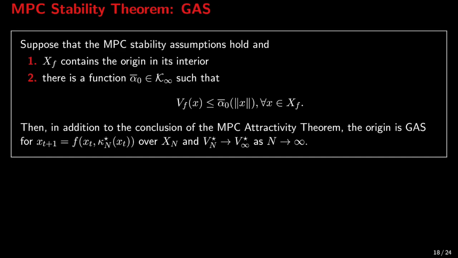Now, of course, if we are after global asymptotic stability, we need to impose some additional requirements. Suppose now that, same as before, we have the standard MPC stability assumptions, and we have the following additional assumptions. First of all, XF, the terminal set, contains the origin in its interior.